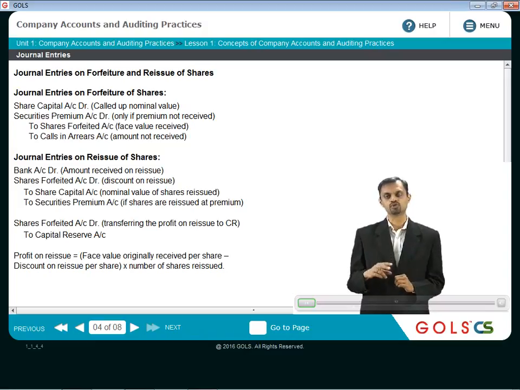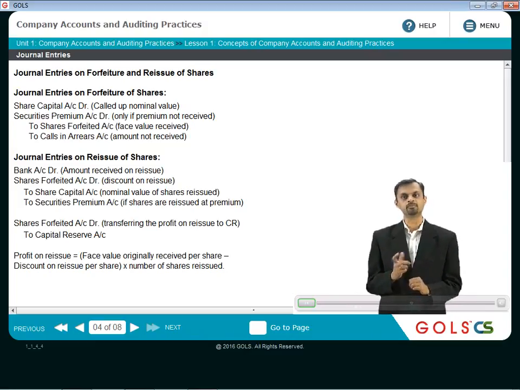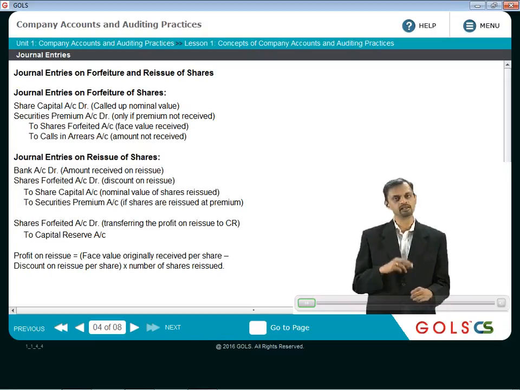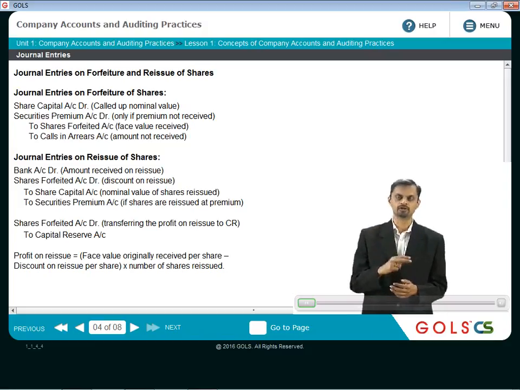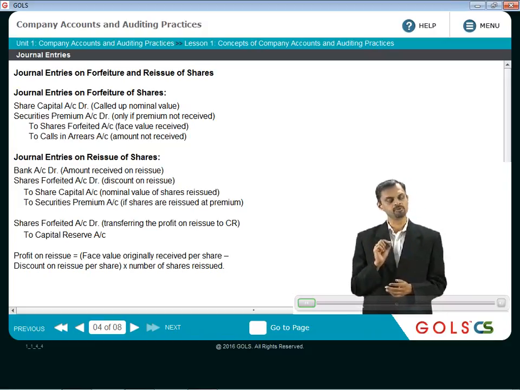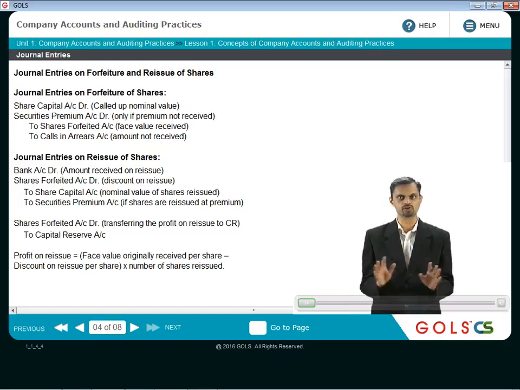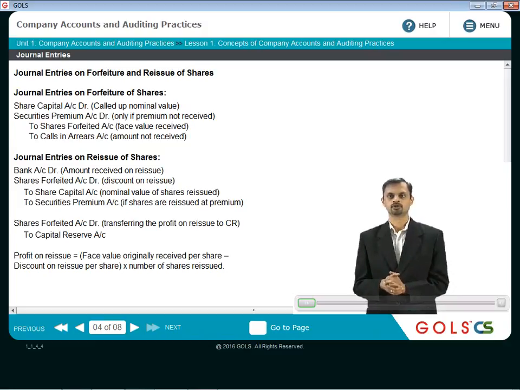Suppose the shares were originally issued at a premium, and if the premium is not received by the company from the shareholders, then even that premium will have to be reversed. So that is why securities premium account debit. Only if premium is not received. If the premium is received by the company from the shareholders, there is no question of reversal. So then you will not debit securities premium account here.